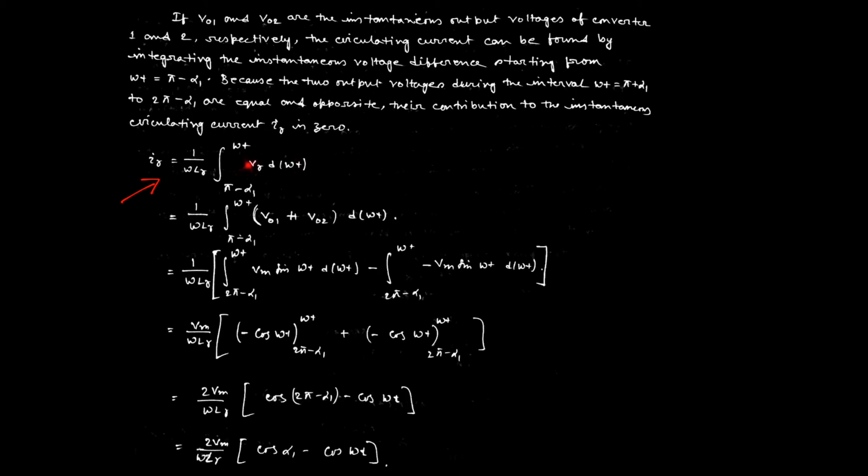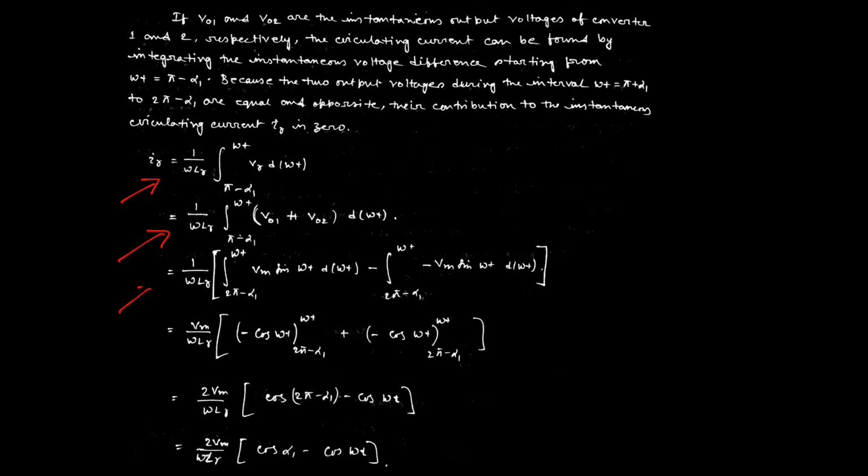That is the instantaneous voltage difference. That is nothing but vO1 minus of minus vO2, that means vR equal to vO1 plus vO2. Okay, so we can rewrite the expression as 1 by omega LR, integration from pi minus alpha 1 to omega t, of vO1 plus vO2 d omega t.